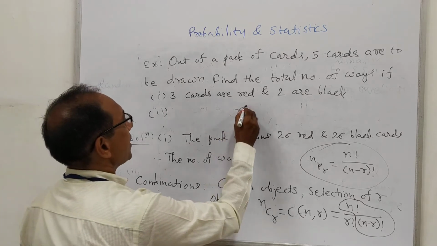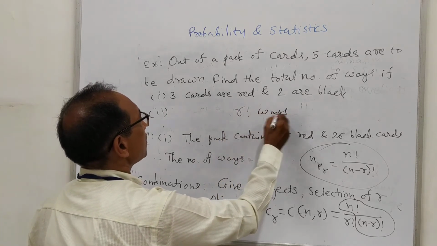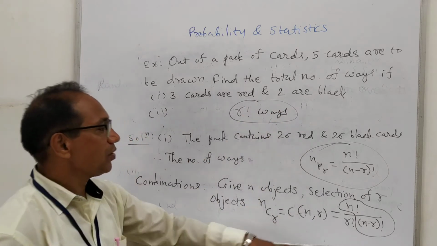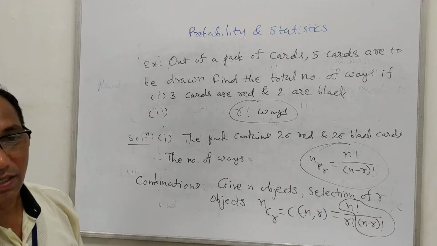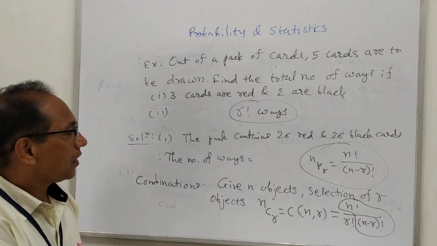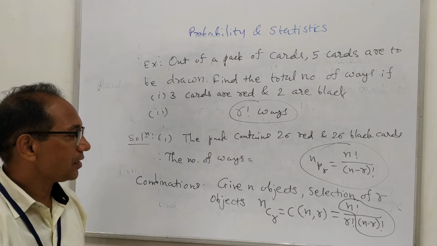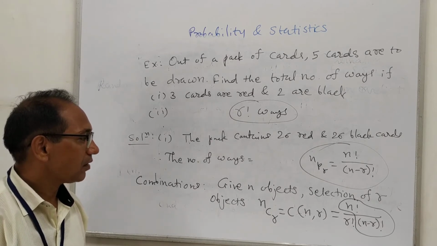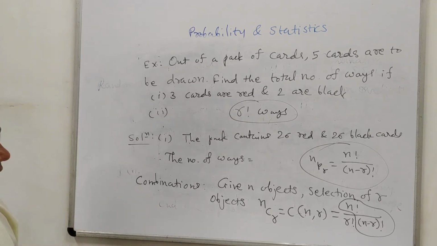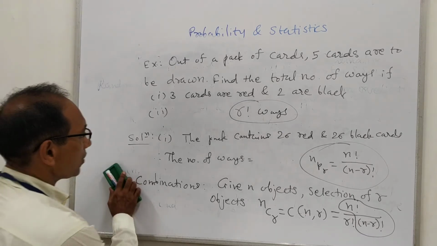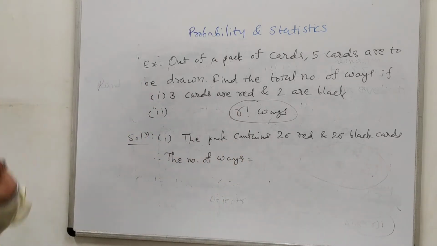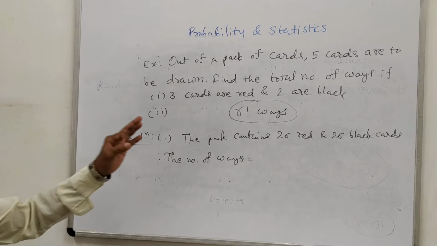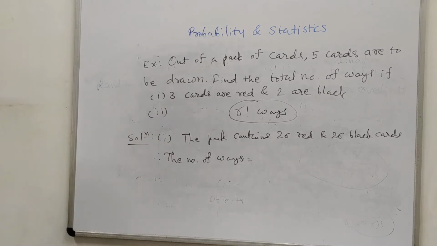So arrangement is excluded, and that's why we divide the total number by r factorial. So this is known as nCr equal to n factorial upon r factorial into n minus r factorial. Now let us see this example. I think you are now clear about the two words permutation and combination.